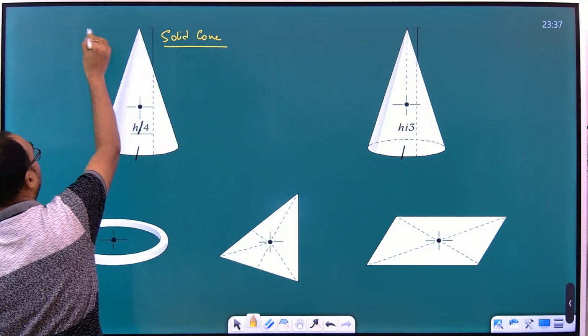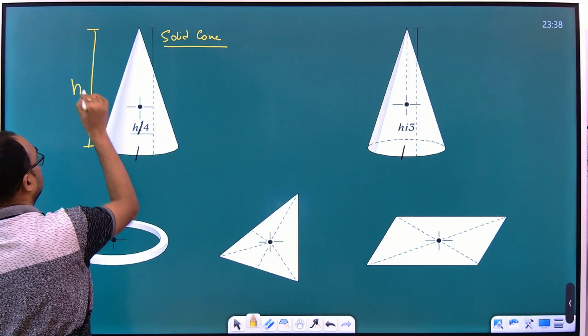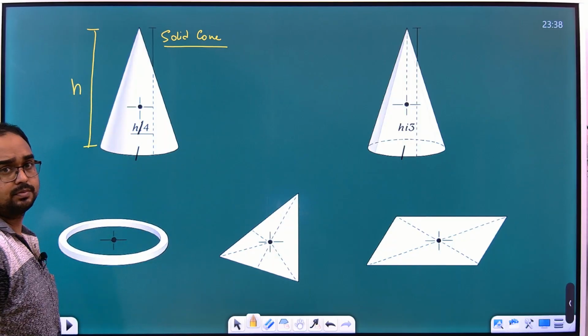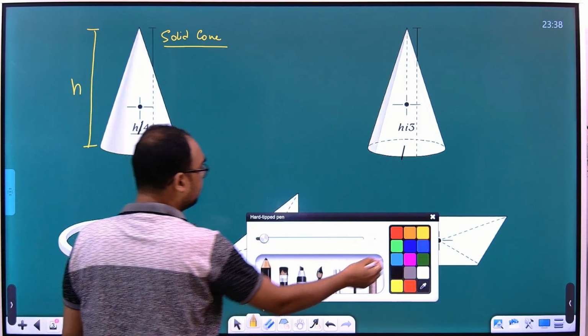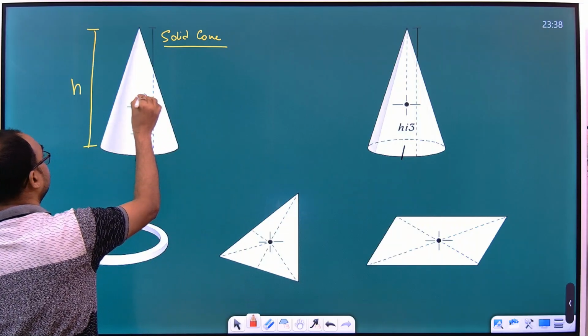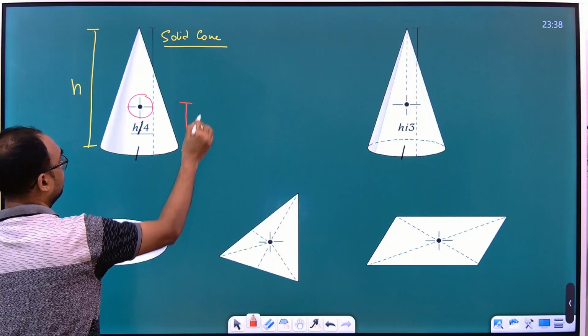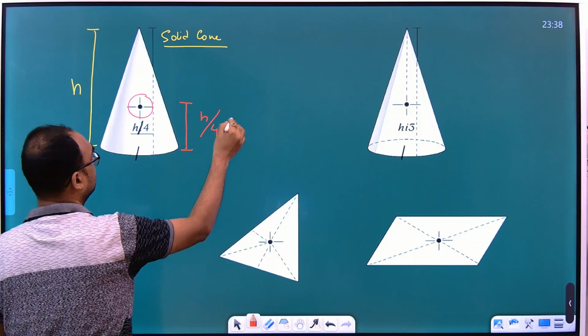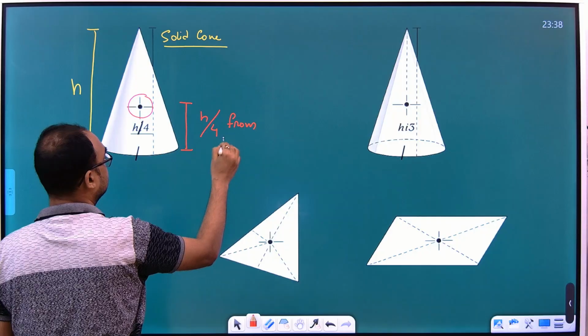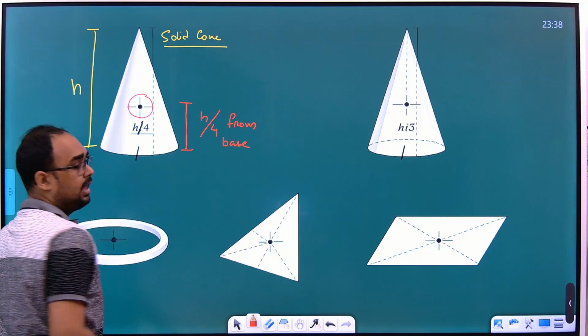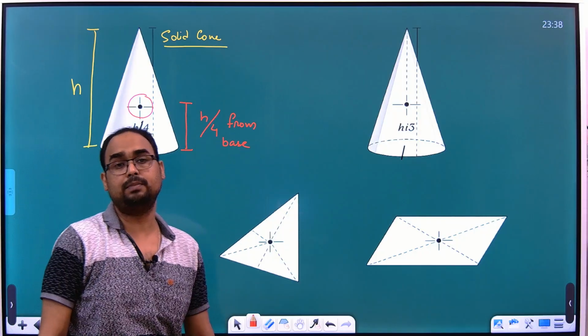The total height of the cone, let's assume it to be h. The center of gravity will be at a height of h by 4 from base.